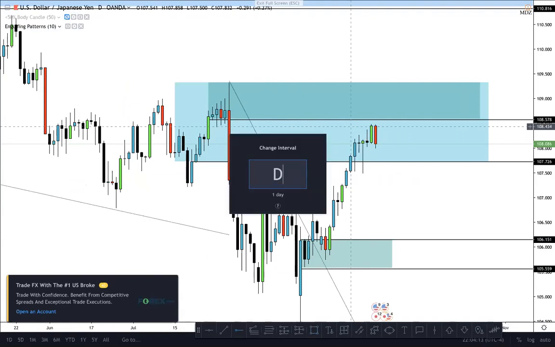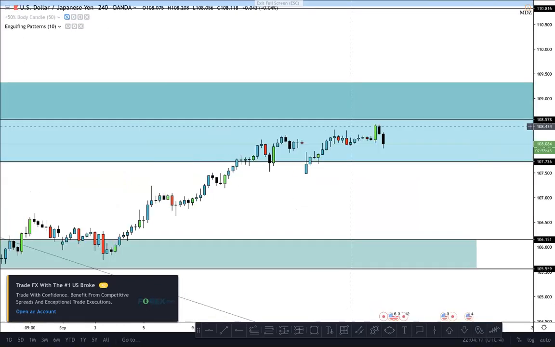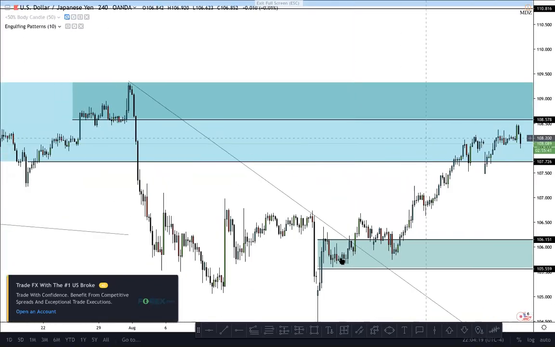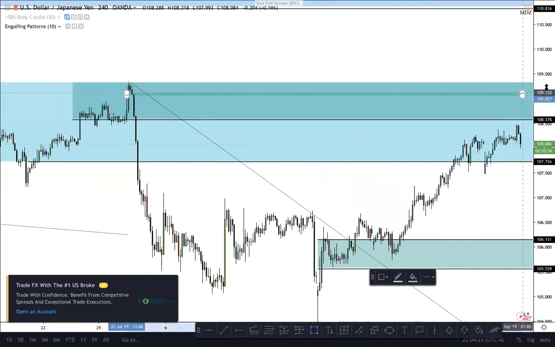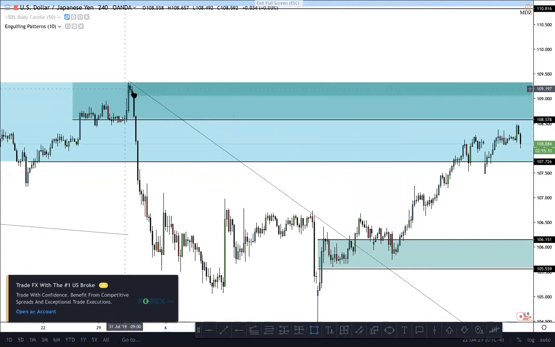So they just drop down to the 4 hour, because we draw the zones on every time frame, and this is what you need to do, right? You need to have your zones marked off. The 4 hour zone would be up here, right? Because we had the rally, the base, drop.